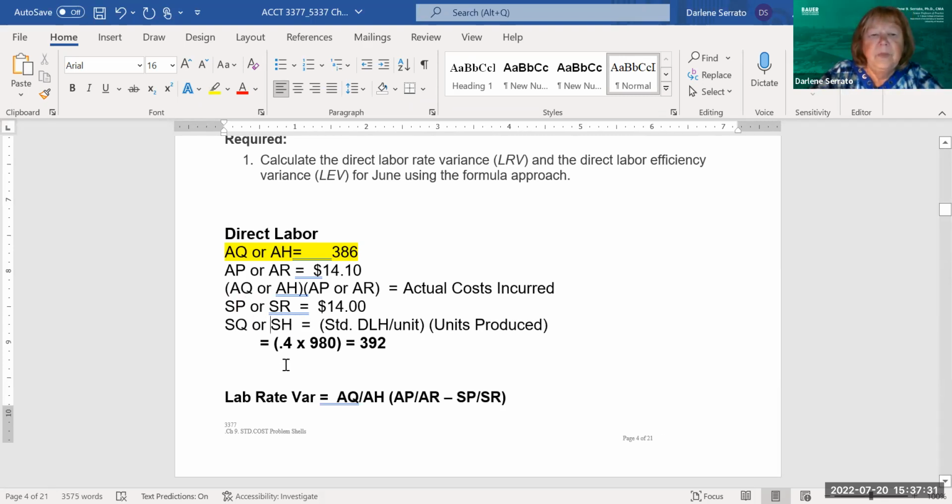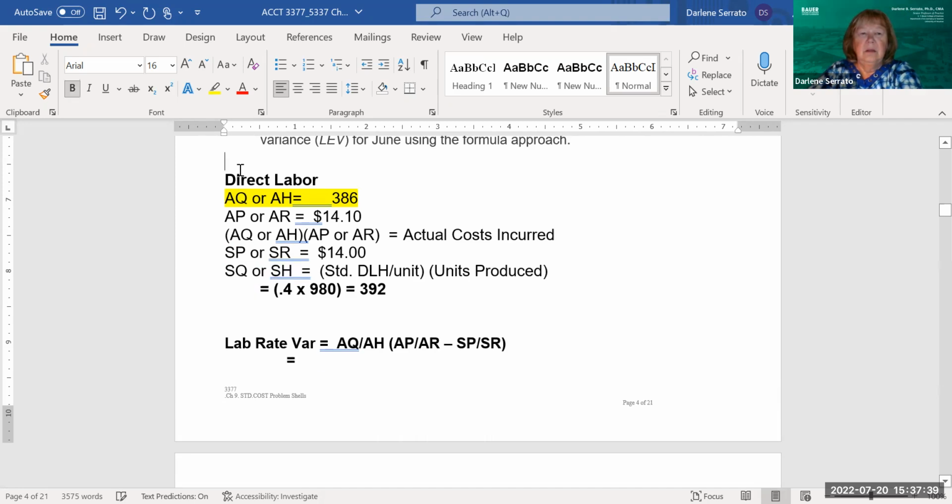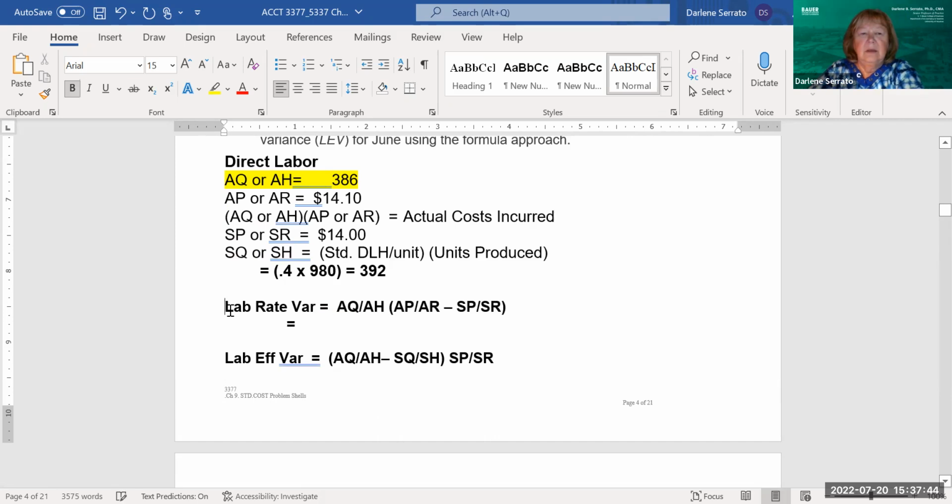All right. So the labor rate variance is going to be the difference between actual and standard rates. So actual amount used was 386 hours times AP of 14.10 minus SP of $14.